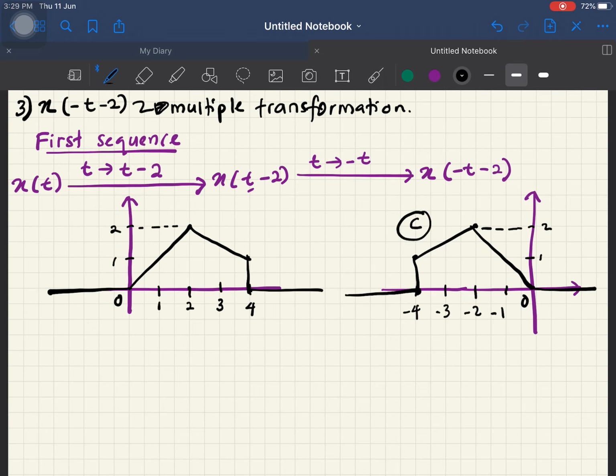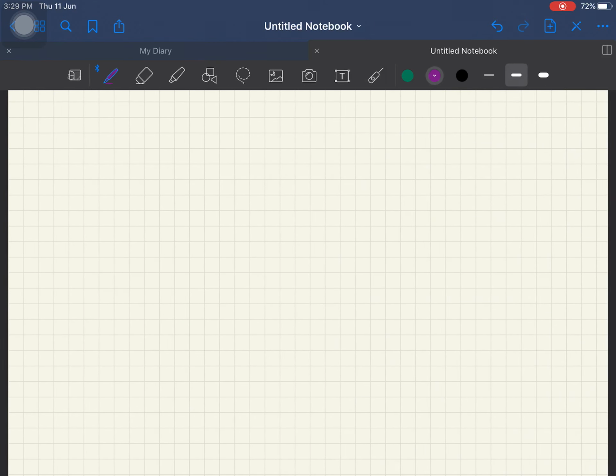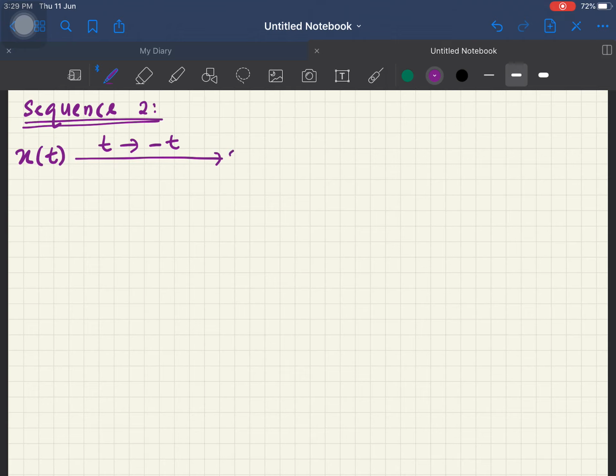Now let's call this signal C. Now if we try sequence 2, where for x of t, the first one you do is time inversion, minus t, so you will get x of minus t.